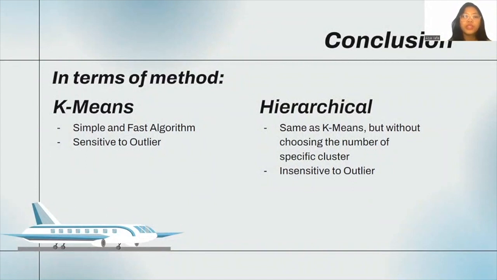So the difference between K-means and hierarchical clustering is, with K-means you have to specify the number of clusters, whereas hierarchical clustering doesn't need to search for a specific number. And for the limitation of K-means, it is sensitive to outliers, whereas hierarchical clustering is not sensitive to outliers.